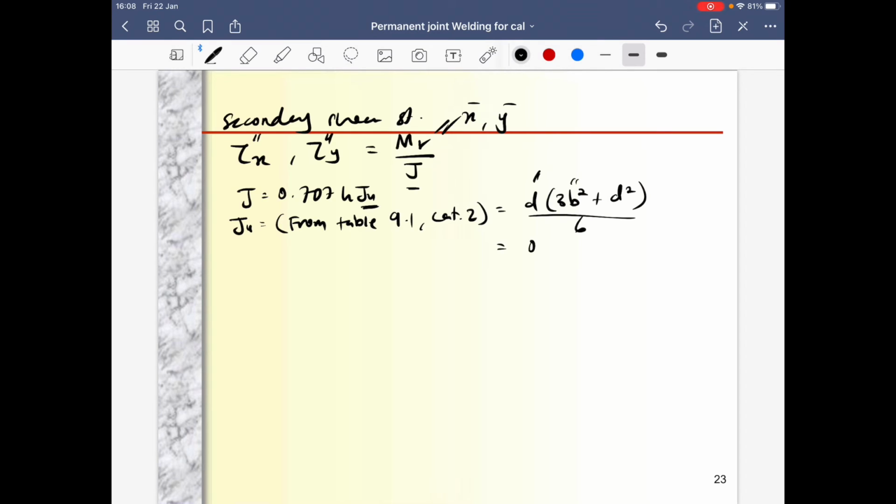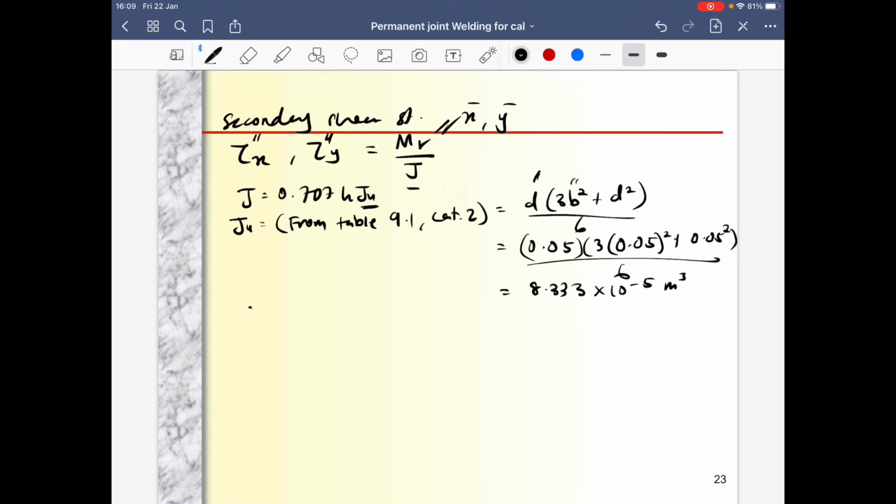D is 0.05, and then 3, B also 0.05, plus 0.05 of 2 over 6. Then you get the JU as 8.33, 3 power of minus 5 of the cube. In the slide I did the mistake. It shouldn't be mm. We already changed it to SI.